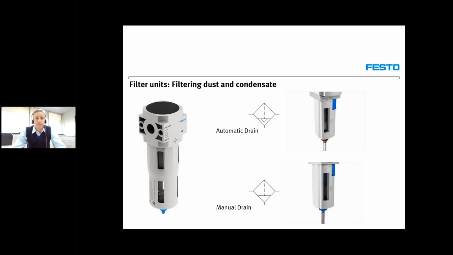So yes, it is the best option if it's high up against the wall, or it's not easily reachable. That is definitely the best option. But extra care should be taken not to be complacent and think that the unit will automatically drain.